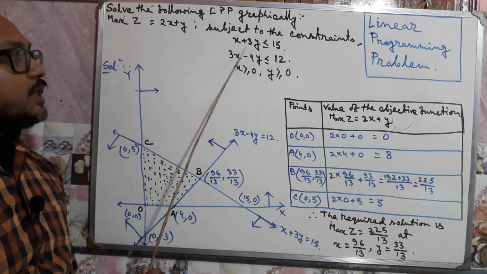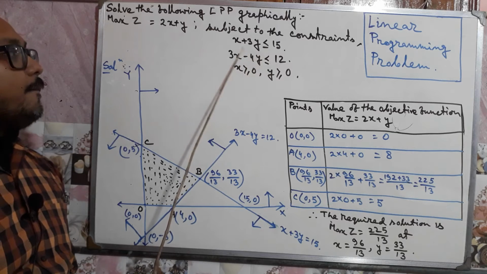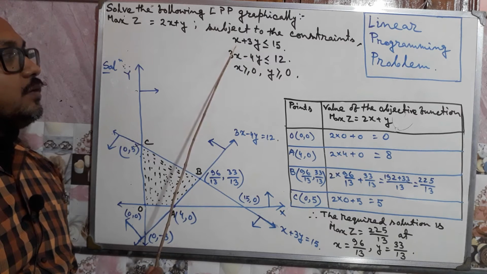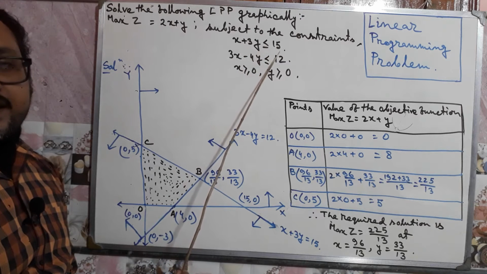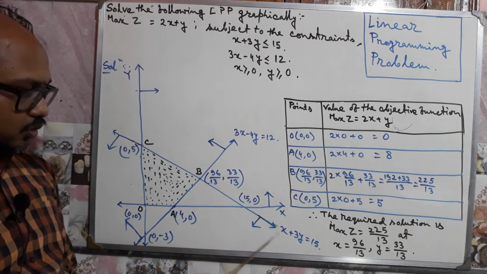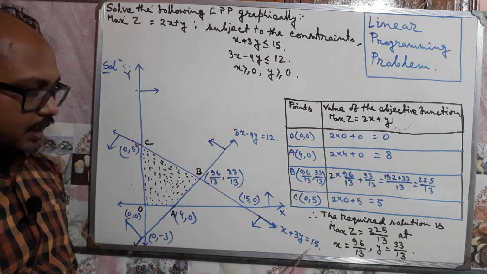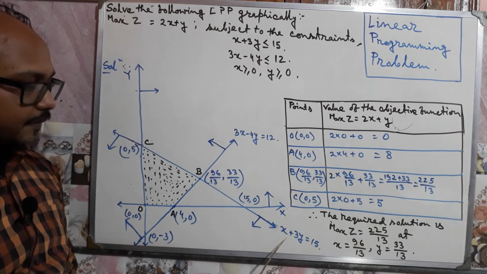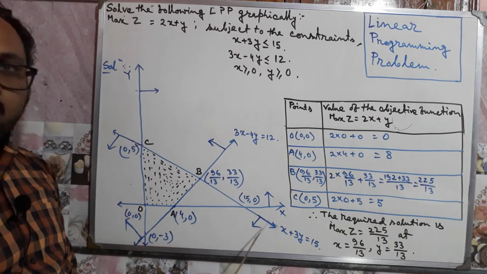That is x plus 3y equal to 15. Again I am repeating, the auxiliary equation of this first constraint is x plus 3y equal to 15. So at first in the graph page we have to draw the line which represents x plus 3y equal to 15. This is the line.